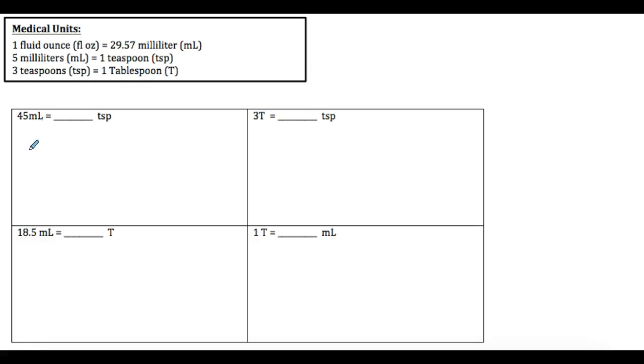So, for example, if my child's doctor prescribes 45 milliliters, I want to convert that to teaspoons. That's what TSP stands for, teaspoons. Those are the little spoons in your silverware drawer. So, 5 milliliters is 1 teaspoon. That's where I see my 2 units.